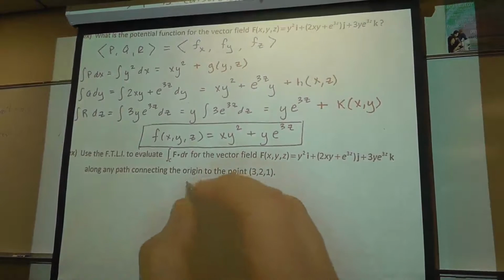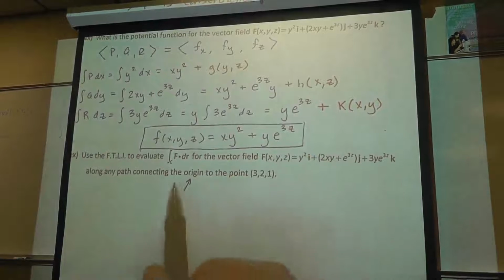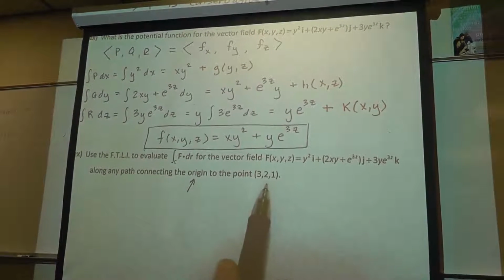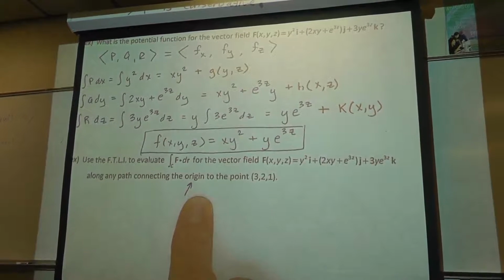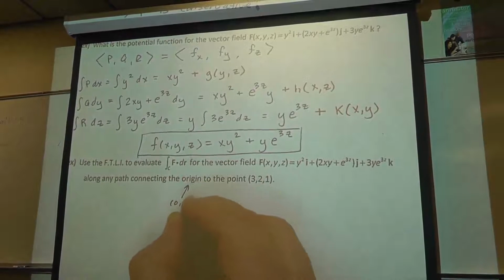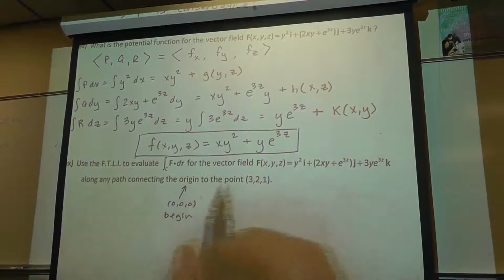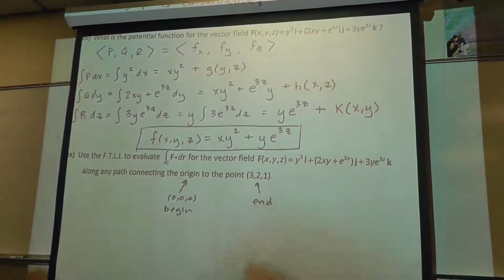This one tells you, and again, the preposition is playing a really big locative role here: any path that connects the origin to the point (3, 2, 1), which implies the origin should be which one? 0. It's your starting point. The origin is (0, 0, 0), but more importantly, that's where we're going to begin, and you're going to the point (3, 2, 1) out in space, so that's where you're going to end.